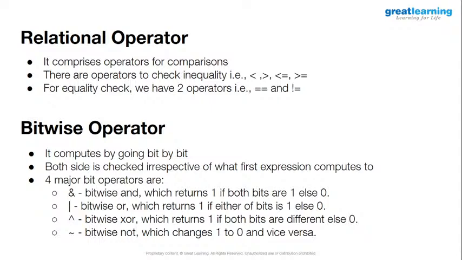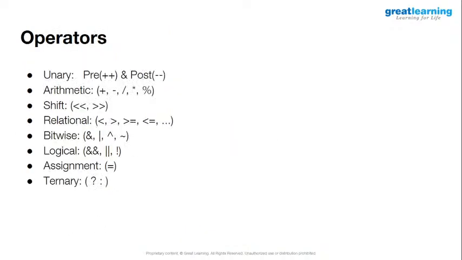Similarly, if we do an XOR on number 8 and number 2, the output will again be 1010, that is 10. Then the NOT, whatever it gets, it just flips it. If it gets 1, it changes it to 0; 0 changes to 1. Okay, cool. Bitwise operators done.